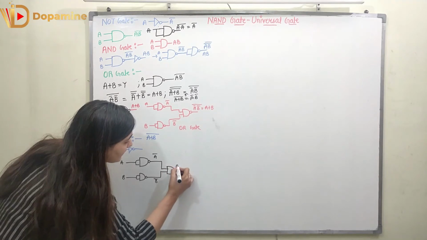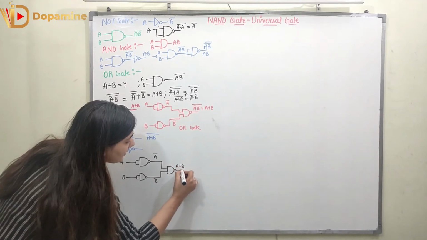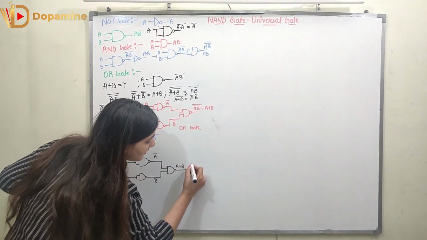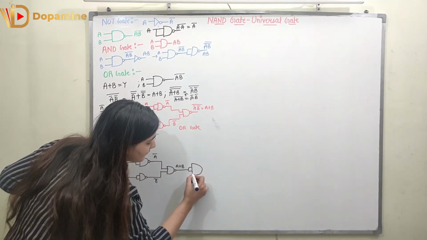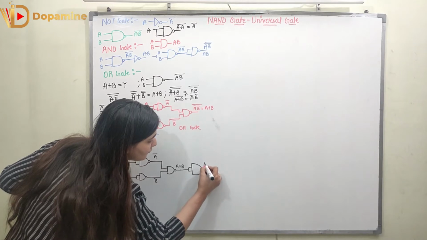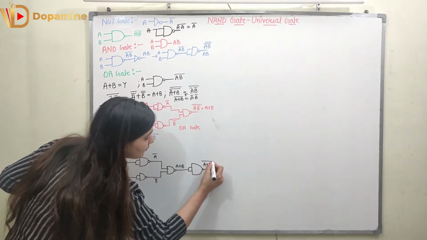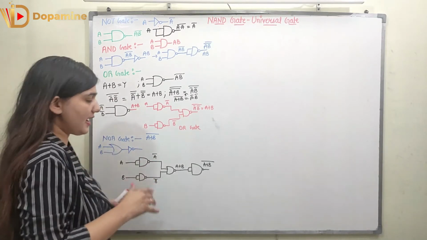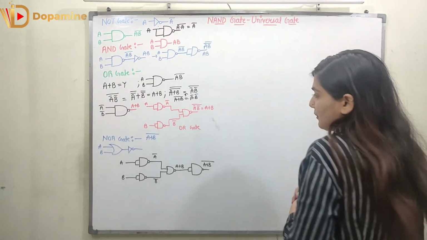So here I will get A plus B. Right? Now I want A plus B whole bar. So I am going to use again a NAND gate as an inverter. So this is my output, A plus B whole bar. Right? So this is how I can use the NAND gates and make an inverter.